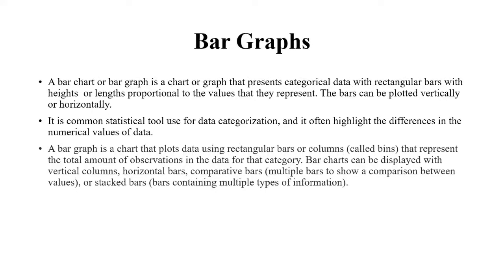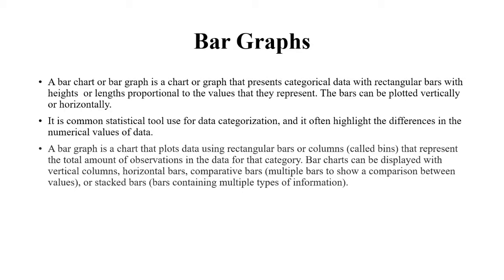A bar chart presents categorical data with rectangular bars with heights or lengths proportional to the values that they represent. The bars can be plotted vertically or horizontally, and it is a common statistical tool used for data categorization, and it often highlights the differences in the numerical values of data.